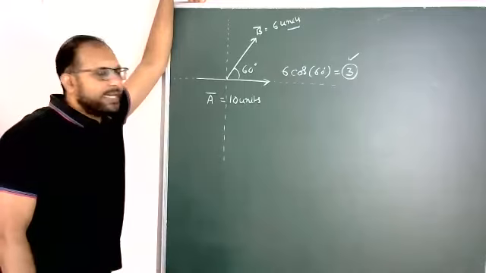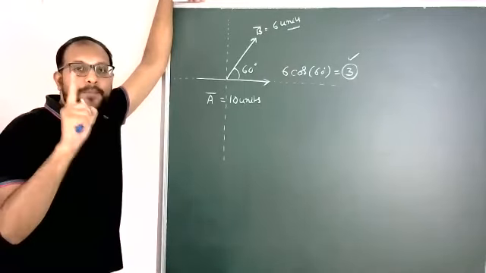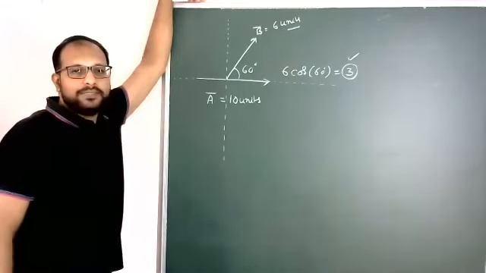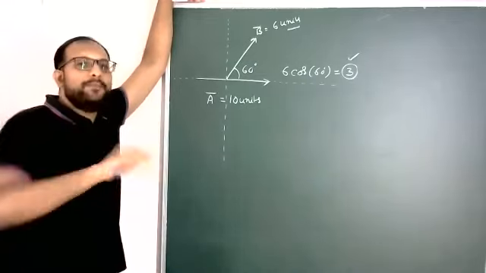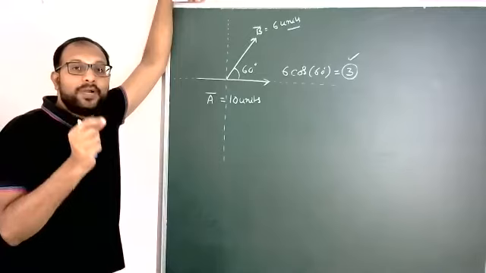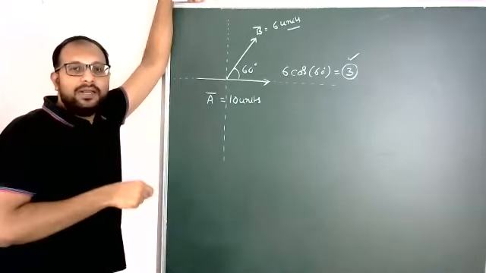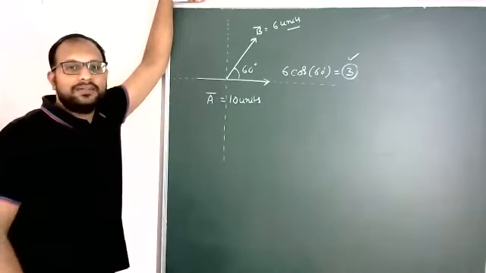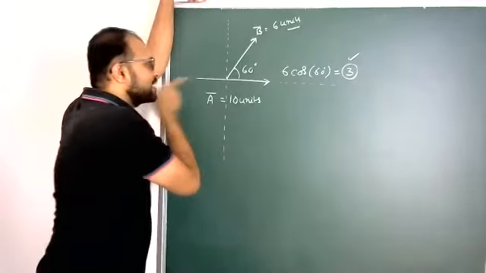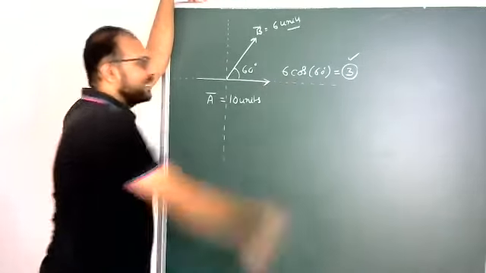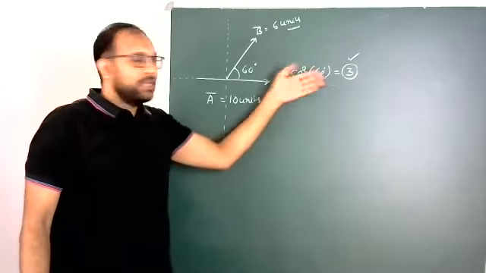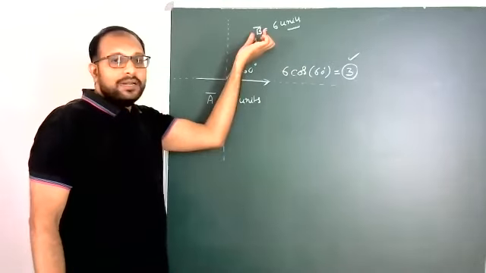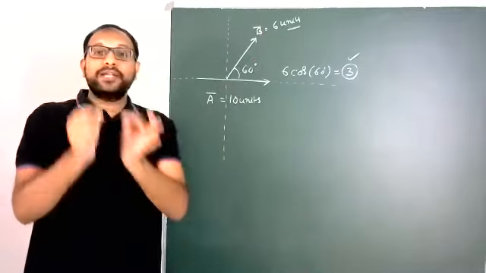Yes, so students, an important point: the component of B bar. Whose component? Not A component, B component. The component of B bar along A bar means along this direction, in this direction, how much magnitude does this B bar have?